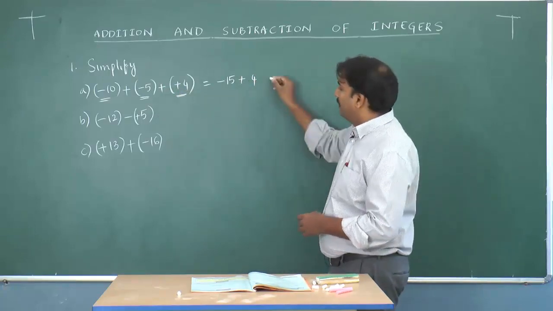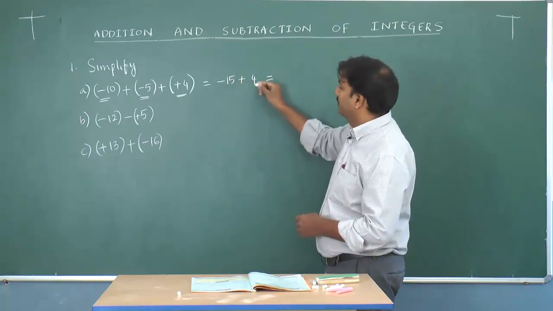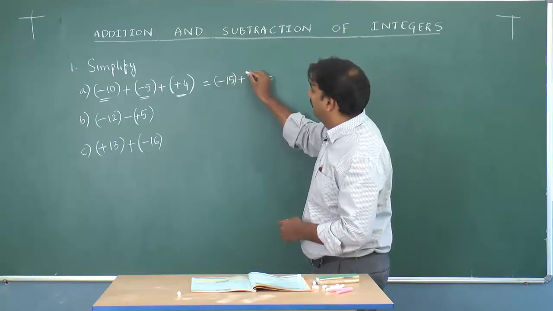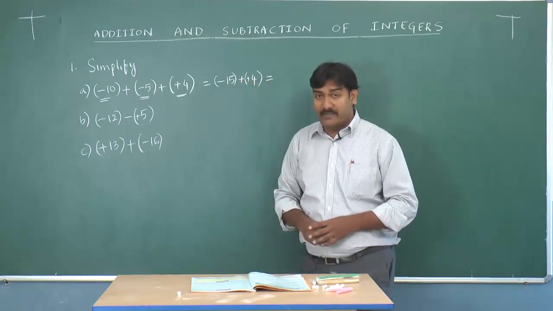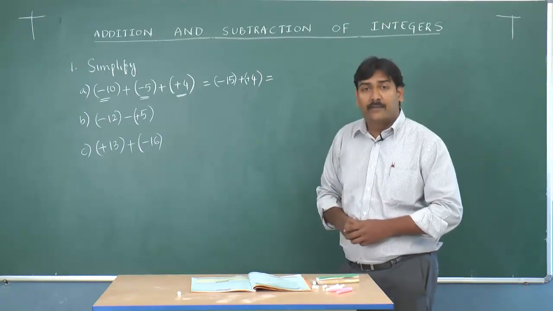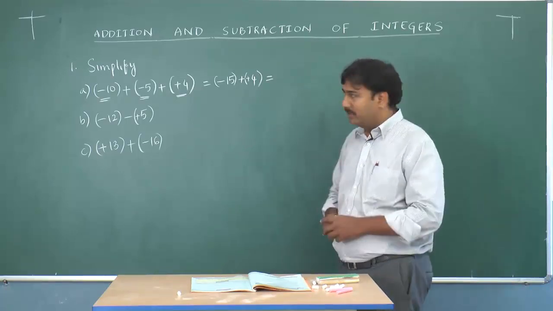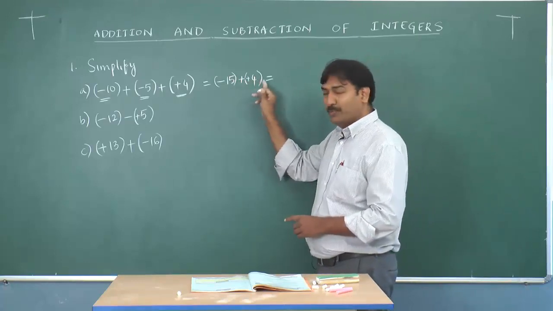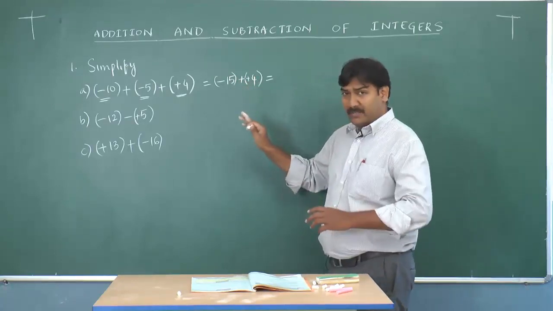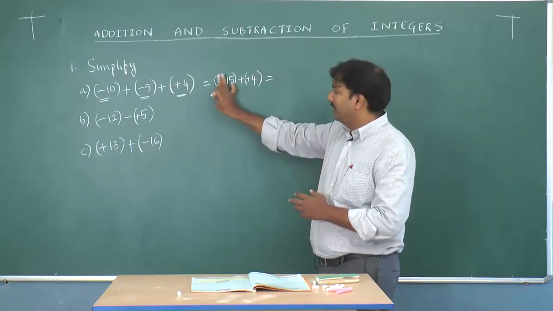Now if you observe carefully, the numbers have opposite signs, so you can write it as minus 15 and plus 4. Whenever the integers have opposite signs, what we must do is take the difference of the numericals. I remind you again, when I ask you to take the difference of numericals, don't take the signs.